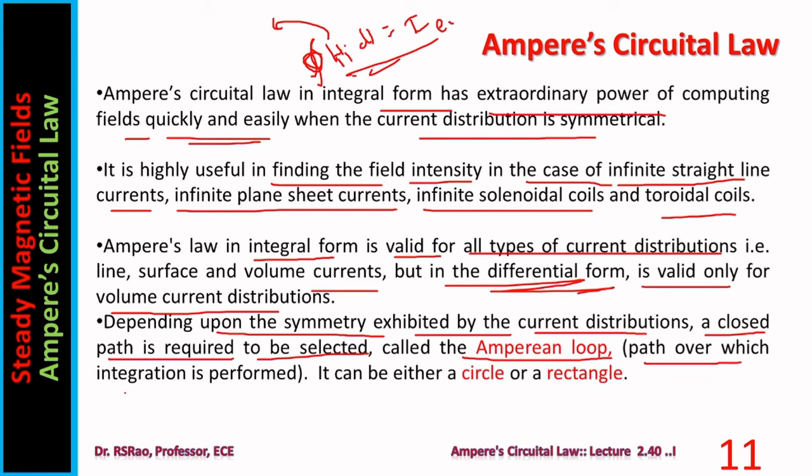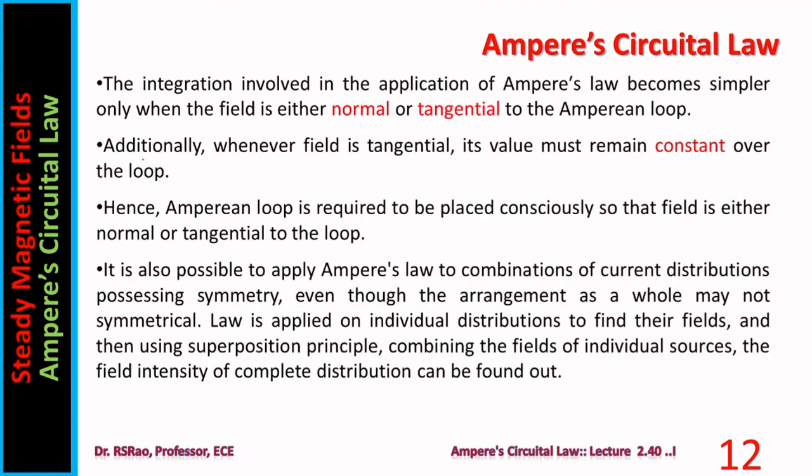It is the path over which integration is performed. It can be either a circle or a rectangle. Only two possibilities are there. The integration involved in the application of Ampere's law becomes simpler only when the field is either normal or tangential to the path.